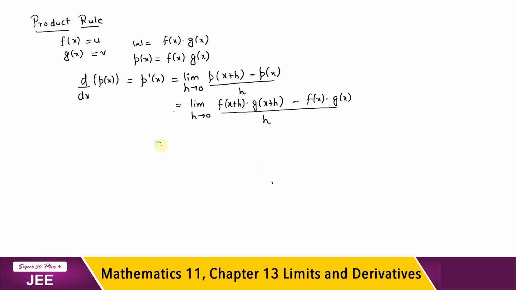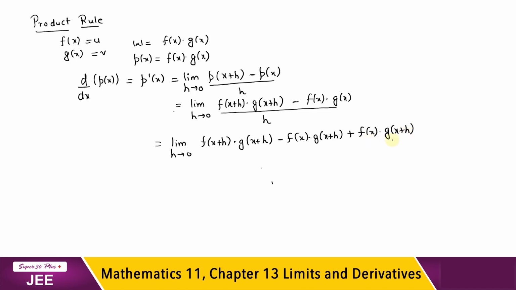Now what we are going to do is simply add one term and subtract that same term such that the expression remains unchanged. So we are going to write down minus f(x) into g(x+h) plus f(x) into g(x+h).